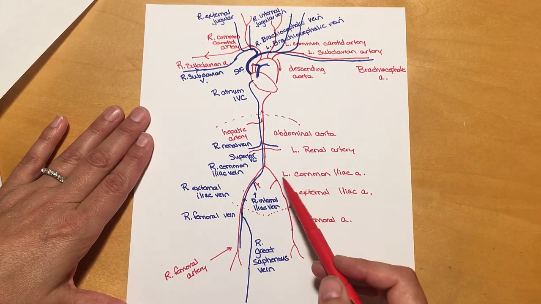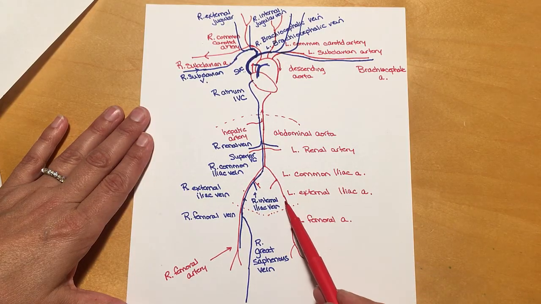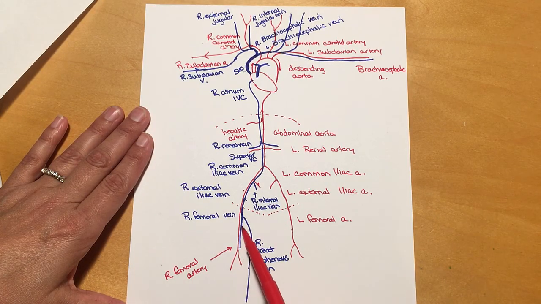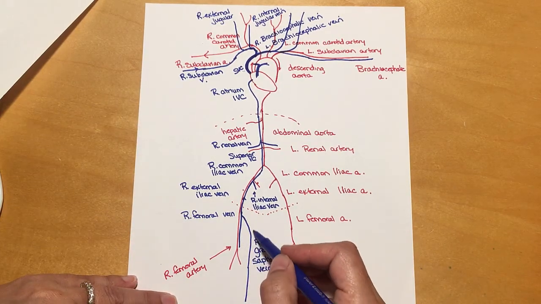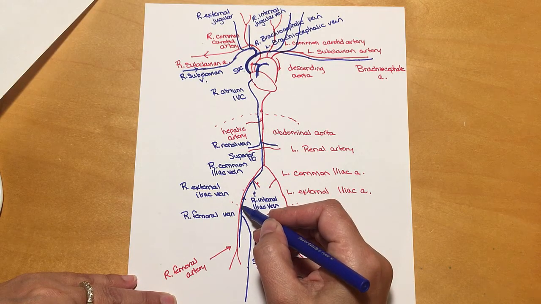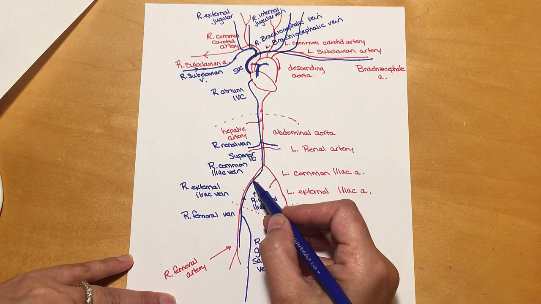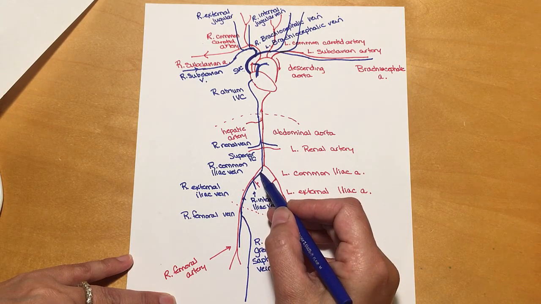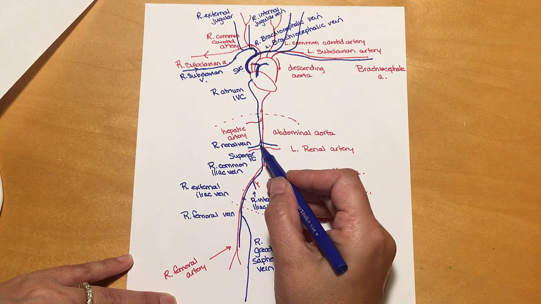Left common iliac artery splits into the left internal and left external iliac artery, continues through the groin into the left femoral artery. Coming back, right femoral vein, I use a blue one, right femoral vein merges with the right great saphenous vein, moves into the pelvic cavity in the right external iliac vein, merges with the right internal iliac vein to form the right common iliac vein, goes through the abdominal cavity on the superior vena.